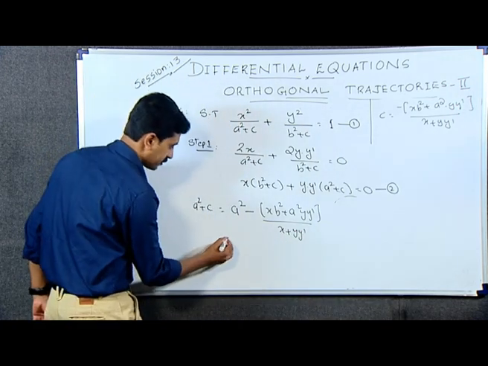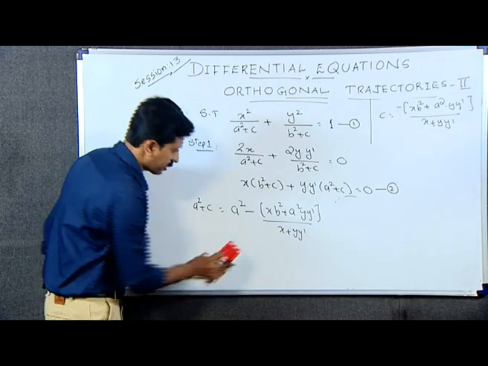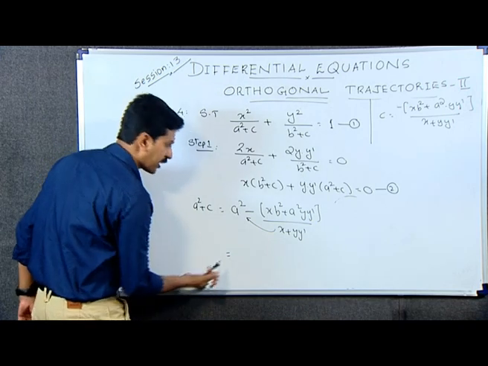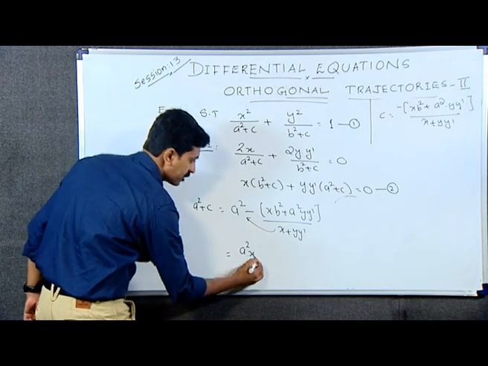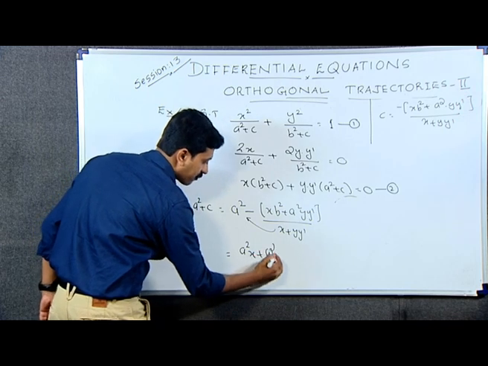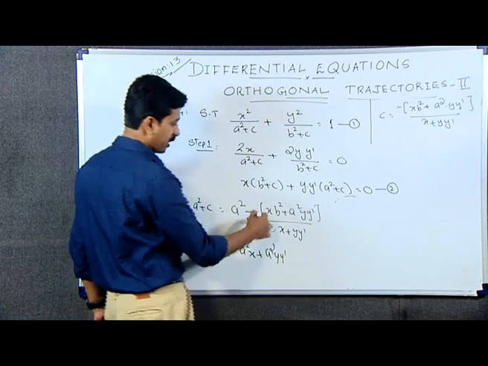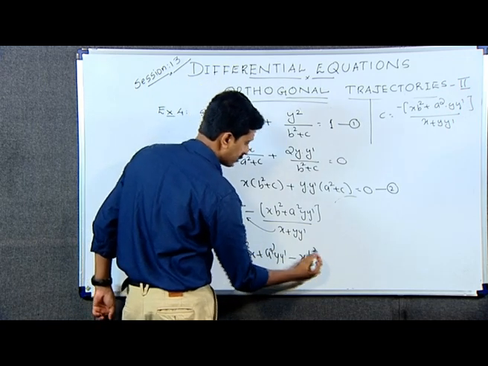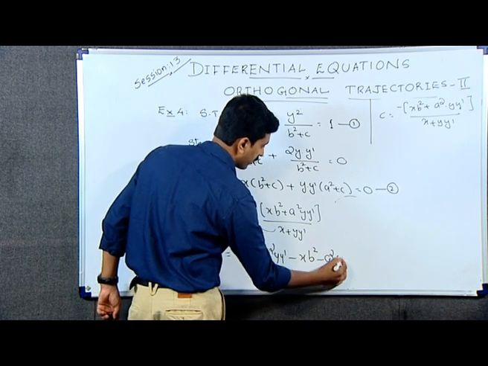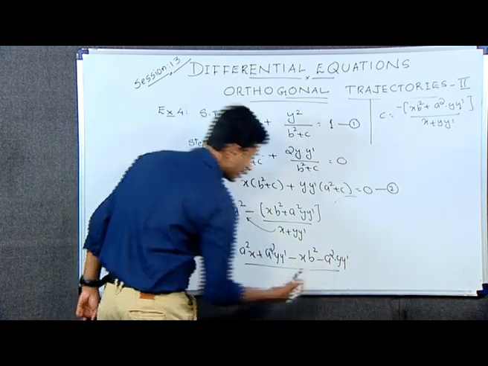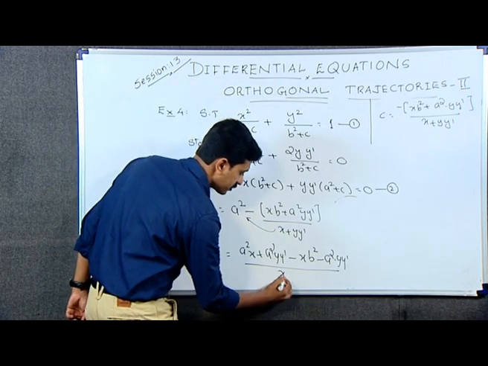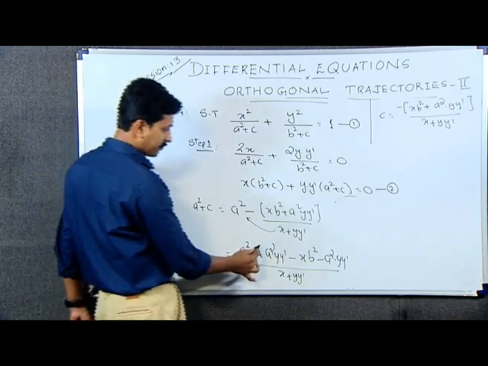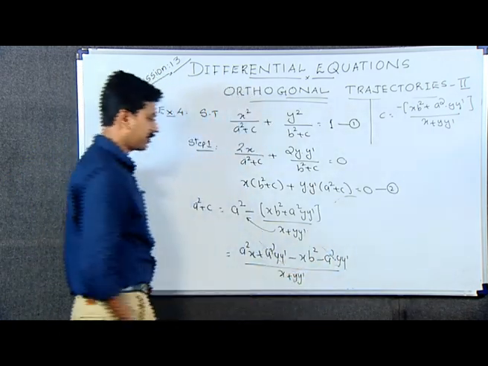Cross multiplying, we will have a square x plus a square y y dash, and taking the negative inside, minus x b square minus a square y y dash, divided by x plus y y dash.